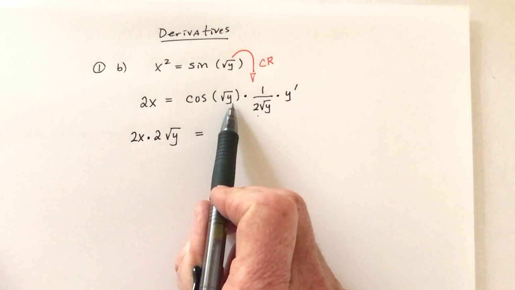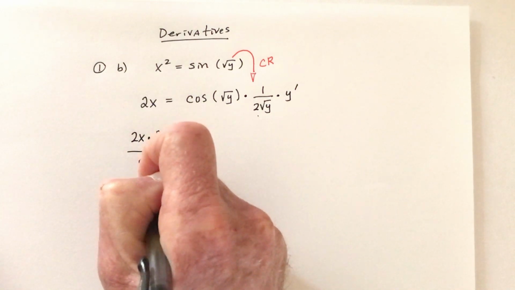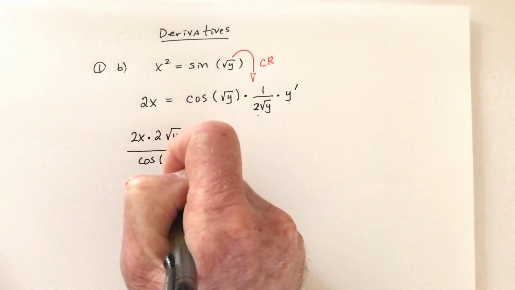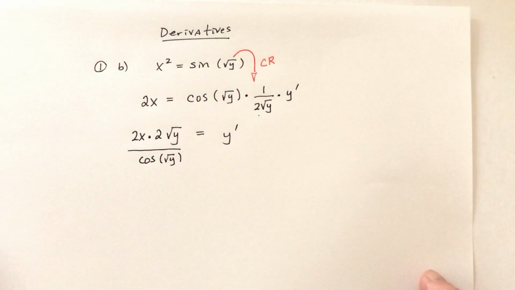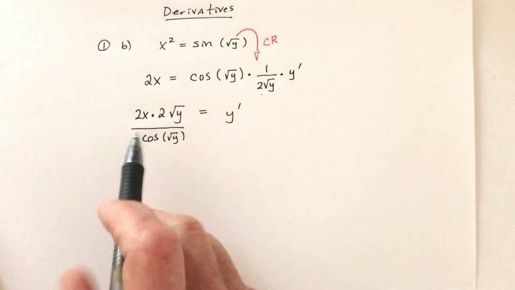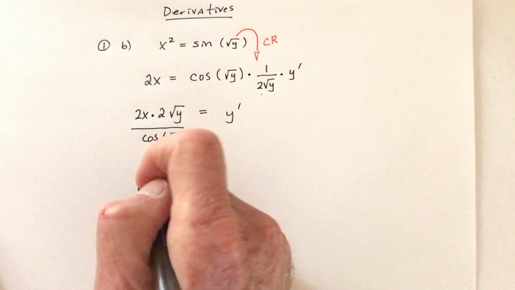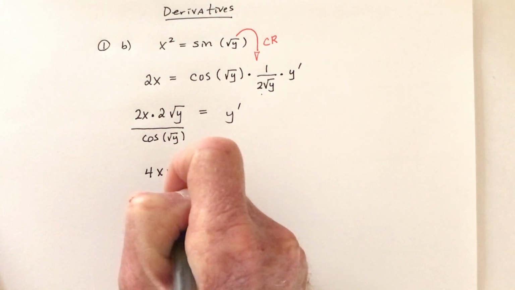Now to get rid of this cosine thing, just divide both sides by cosine of the square root of y. And the only thing left on the right side is the y prime. And then I should simplify a little bit. For example, right here, 2 times 2 is 4x square root of y.